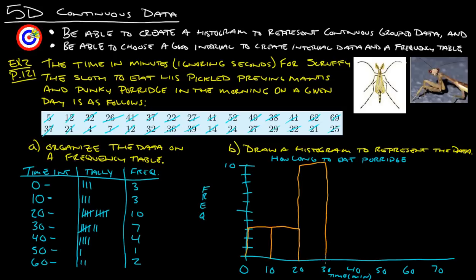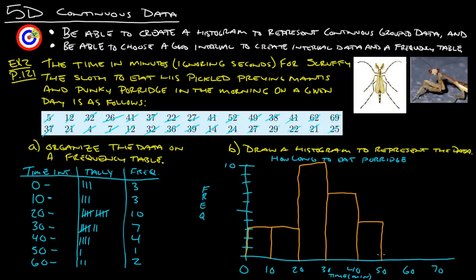Go over and then down to 30. From 30 to 40, we're up at 7, so there is 7 about right here. Close enough. And then 40 is at 4, so that's about right here.